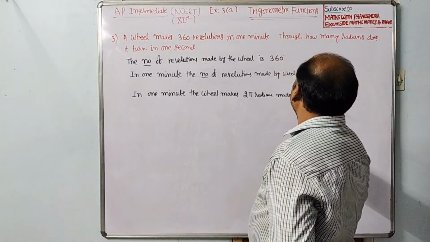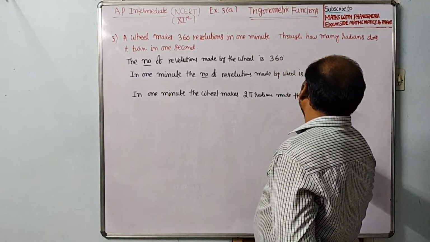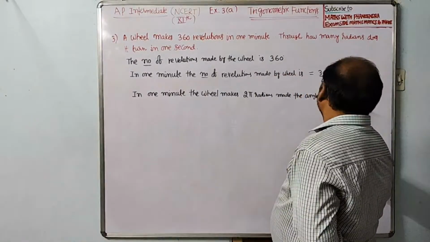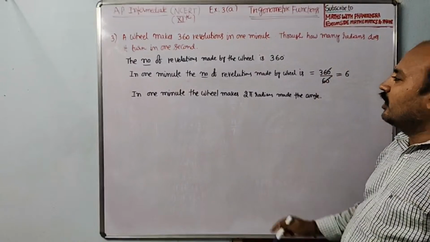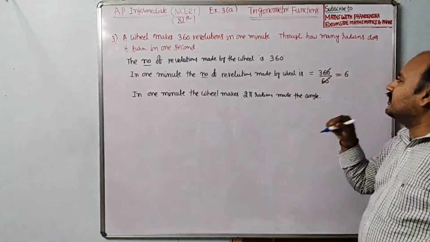Made the angle. So, for 1 revolution, the wheel makes 2 pi radians.